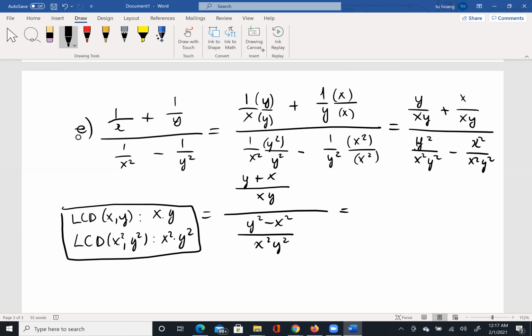And now you're done with step 1, so you're going to use y plus x divided by x times y multiplied by the reciprocal of the bottom, x squared y squared divided by y squared minus x squared.